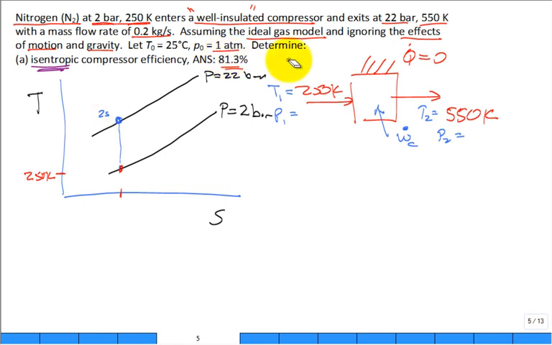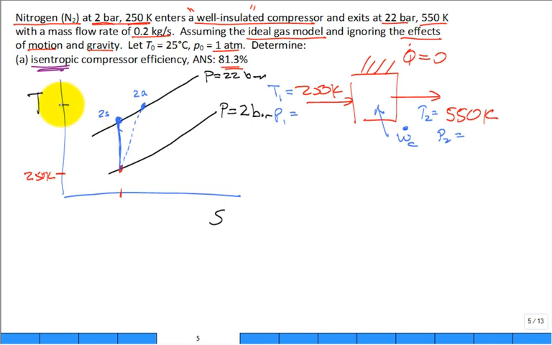And they're going to ask us to calculate this isentropic efficiency to be 81.3%. So where is state 2 actual? And if you want to be real precise, you draw the line from 1 to 2S as a solid line, and 1 to 2 actual as a dashed line. Okay. Long discussion on why we use the dashed line, but let's leave it alone for now.